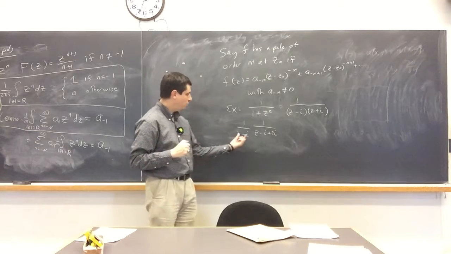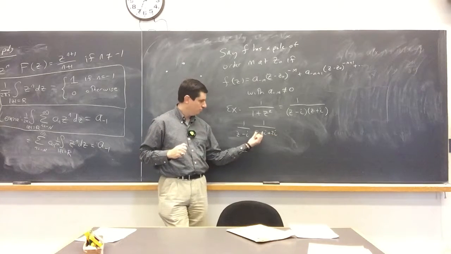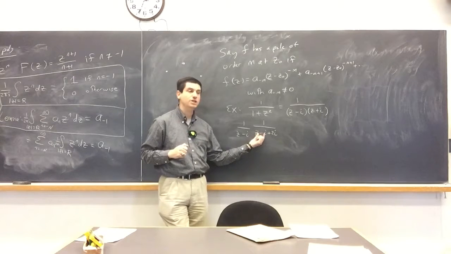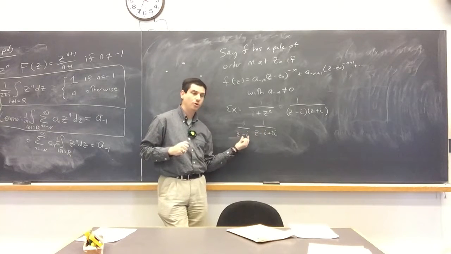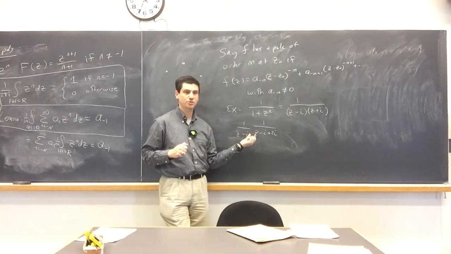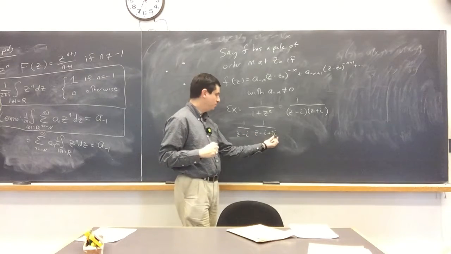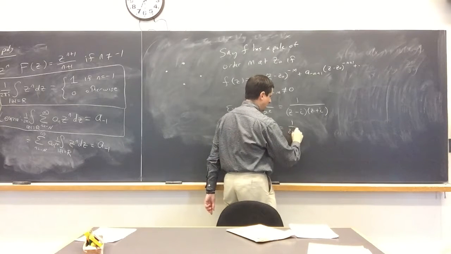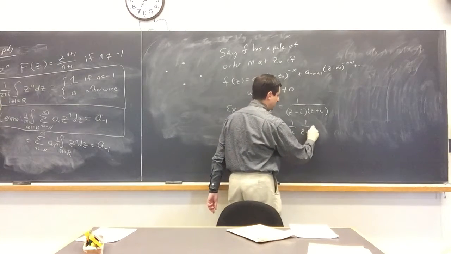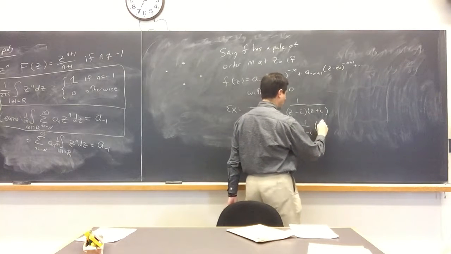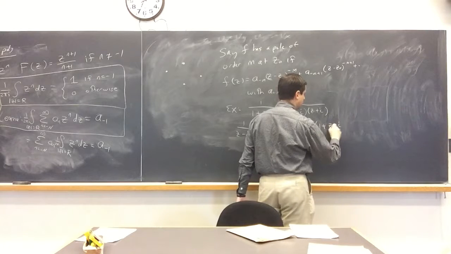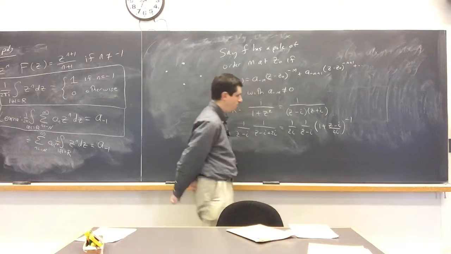Why do I want to do this? I want to look at the bottom around the point i. Now, z minus i should be really, really small, because if I'm near the pole at i, z should be close to i. So what I'm going to do now is pull out a 2i from the denominator, and I'm going to get 1 over 2i, 1 over z minus i, and then I'll have 1 plus (z minus i) over 2i, to the negative 1.